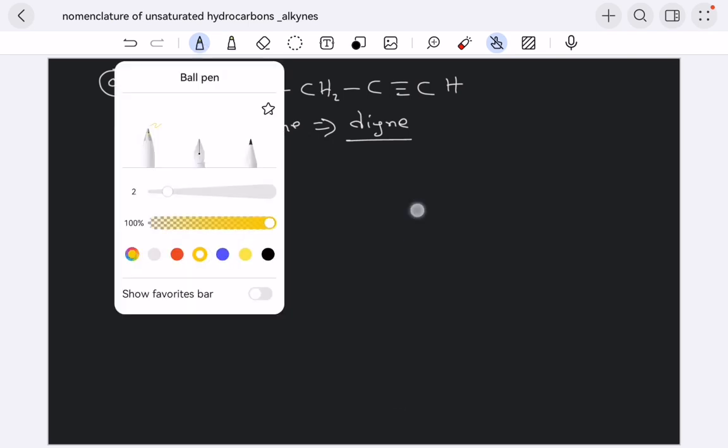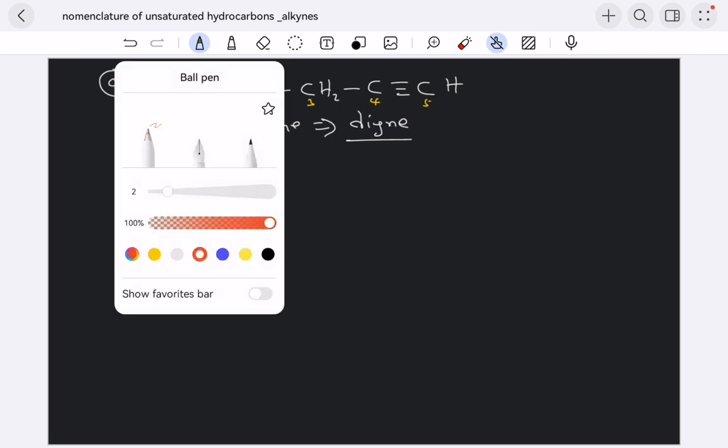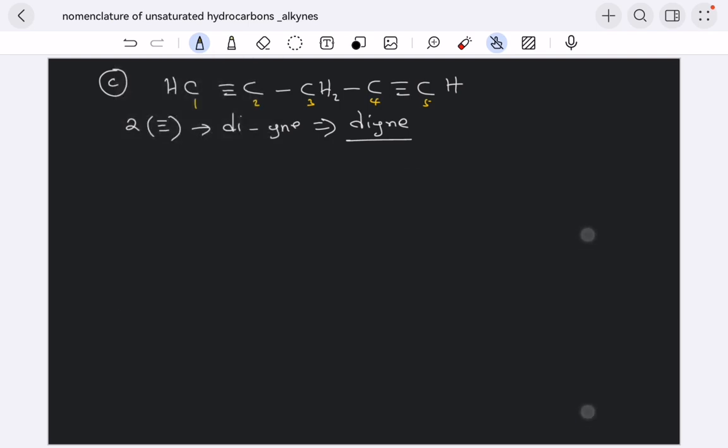So which one is the correct counting? So 1, 2, 3, 4, 5. When we go the other side, when we do the counting, obviously the locant for this is, if we calculate the locant, position number 1 we have a triple bond, position number 4 we have a triple bond, which gives us a 5.